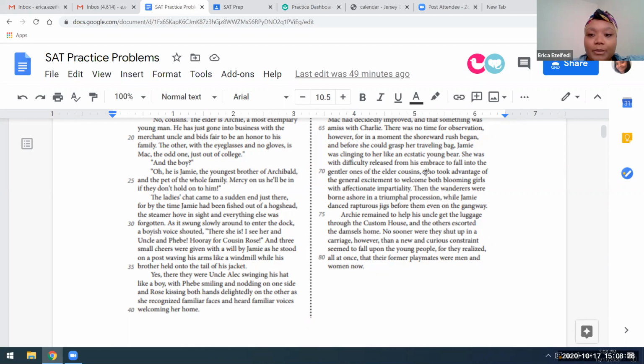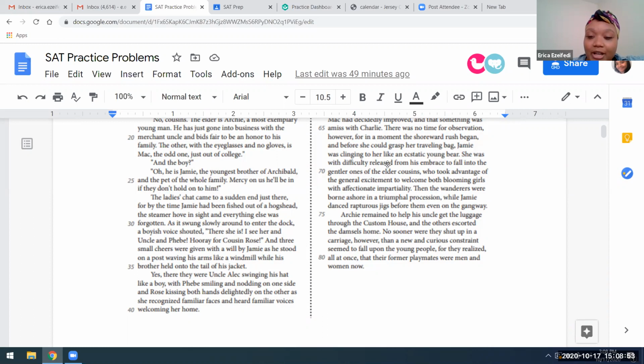We know, because we read this sentence and the sentence before for context, that there's a difference in how Jamie reacted to her versus the elder cousin. Jamie was doing the most, basically. Jamie was too excited and was acting like an animal.